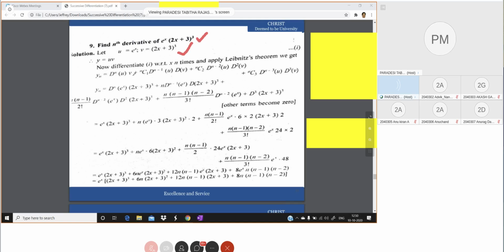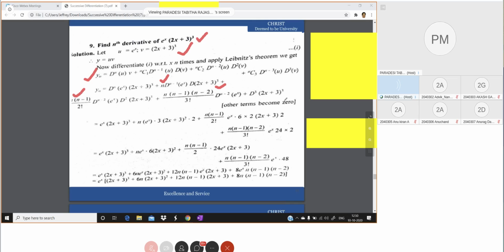So we are applying the nth derivative. We are applying the Leibniz rule. He's just stating the Leibniz rule, and then he's saying nC0 is 1, nC1 is n, and then nC2 is n into n minus 1 by 2. Then he puts an nC3 term, which is n into n minus 1 into n minus 2 by 3 factorial. And then the nCn term. We finished with nC3, and the other terms he's saying become 0.